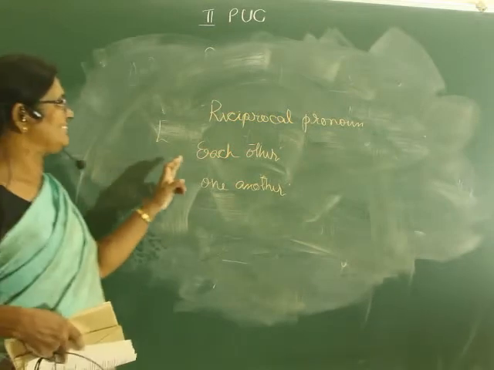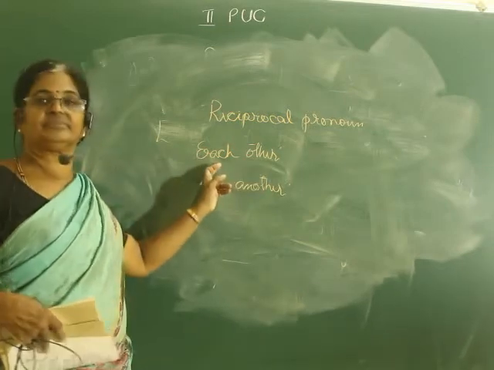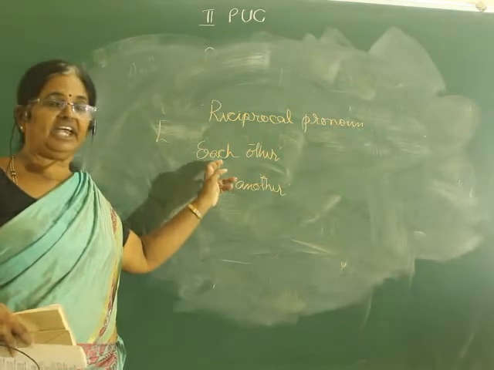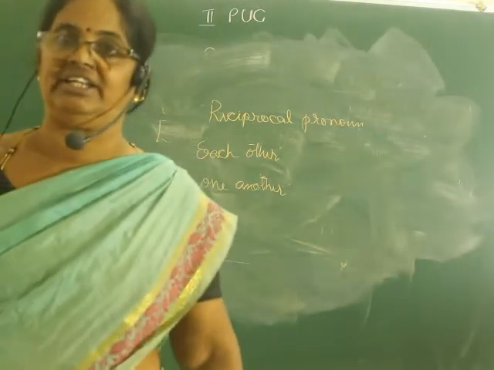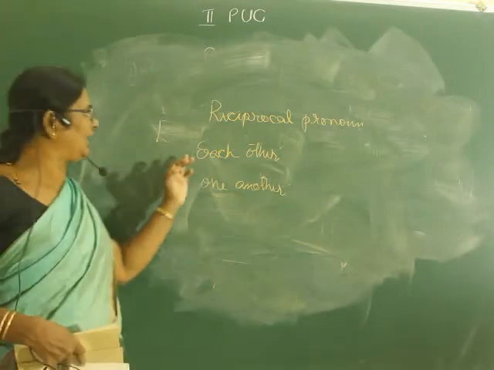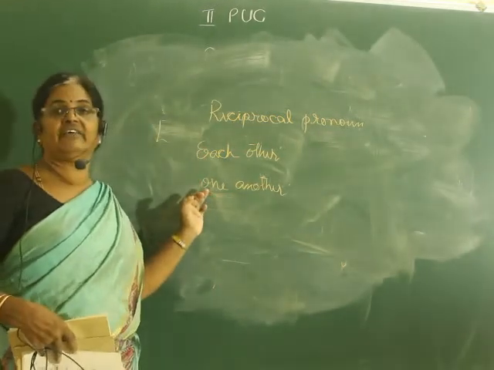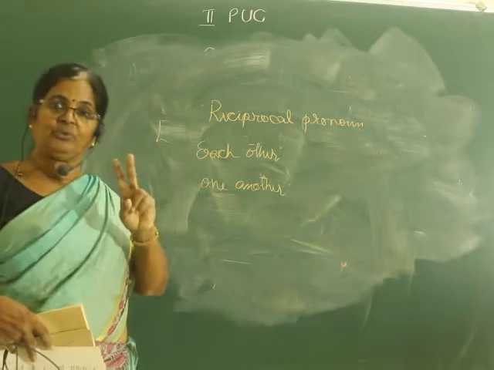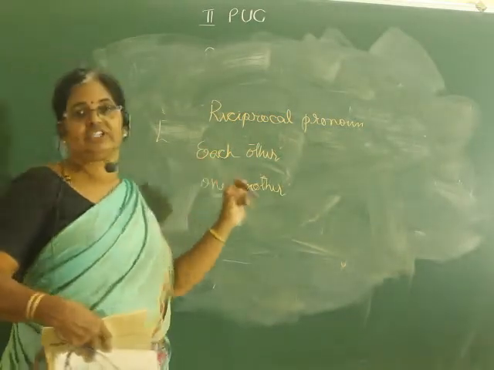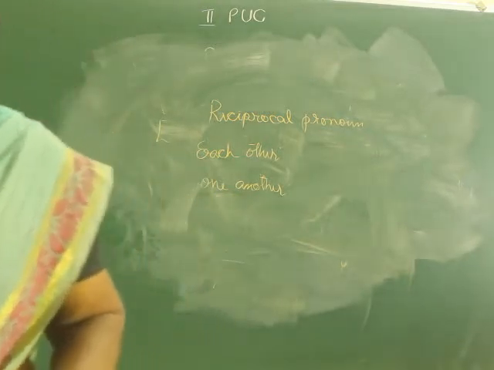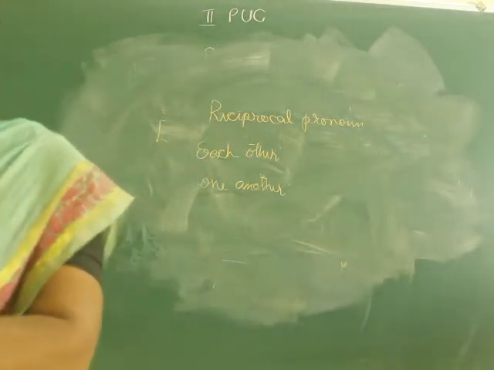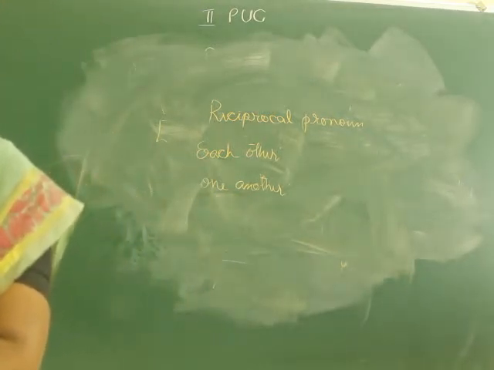The two rivals hated each other, and we must all trust one another. When it is plural, we have to use one another. When it is only two members, we have to use each other. Got it?